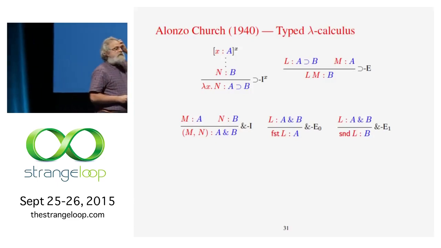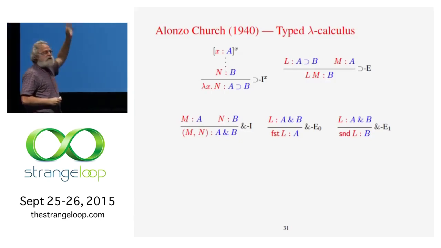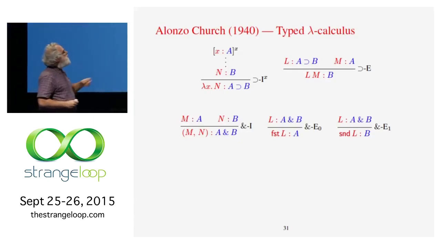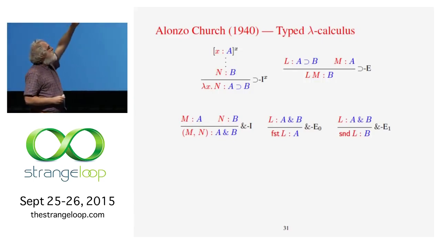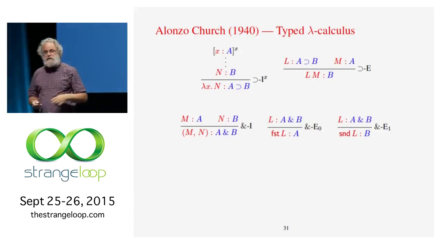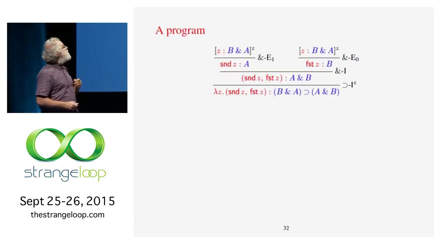And then if L is a function from A to B, and M is an argument of type A, well, of course, if you apply L to M, the result has type B. And a pair is built from two terms of types A and B, and gives you an A-B pair. And of course, first and second extract: if you've got an A-B pair, first would be an A, and second would be a B. So a very simple definition of a small fragment of simply typed lambda calculus.